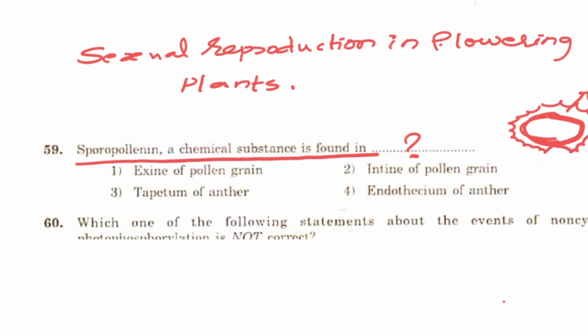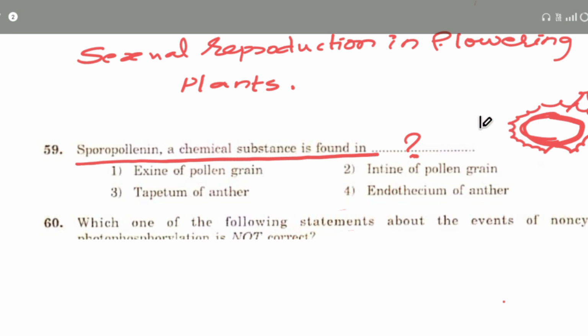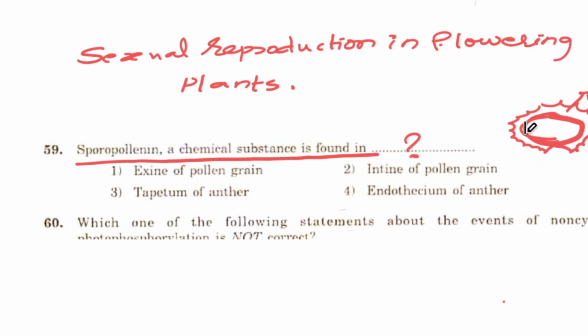It cannot be degenerated by any of the substances like alkaline solution, enzymes, etc. So due to the presence of sporopollenin on the exine, it can remain as a pollen grain for a long period of time. So this is a condition where pollen grains can remain as a fossil. So here sporopollenin will be seen in the exine of a pollen grain.